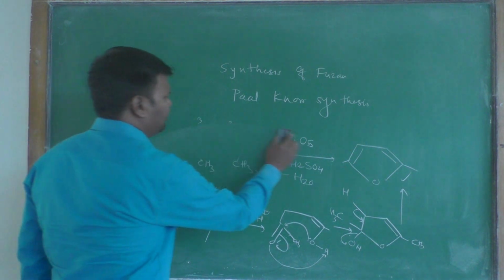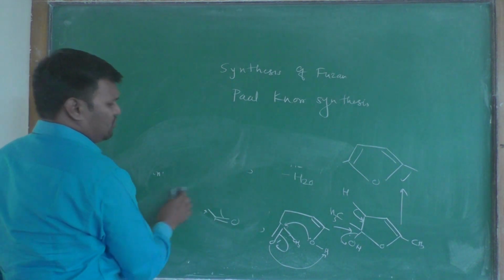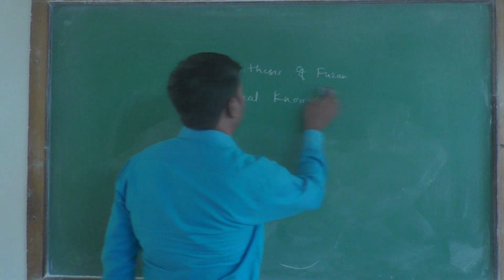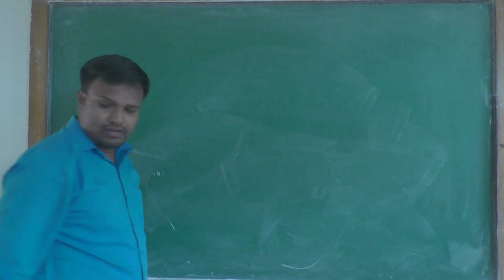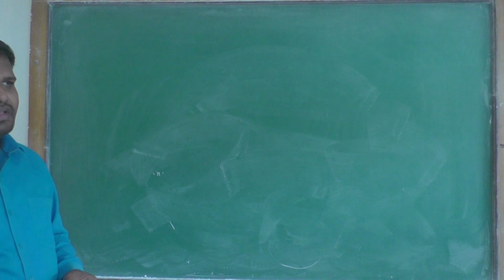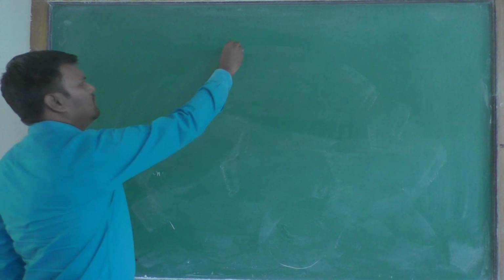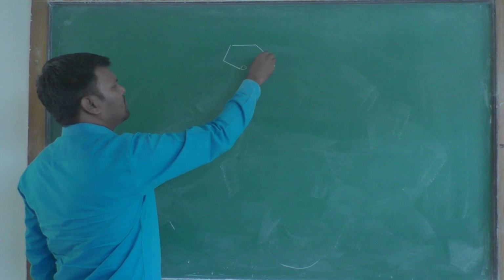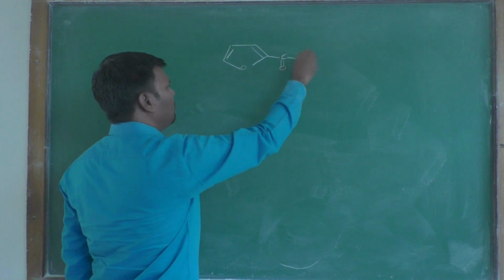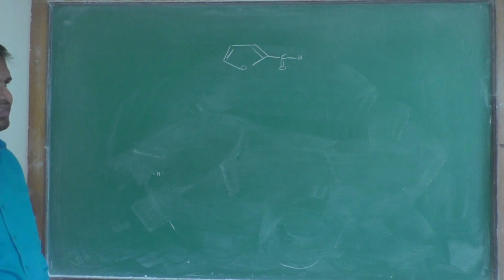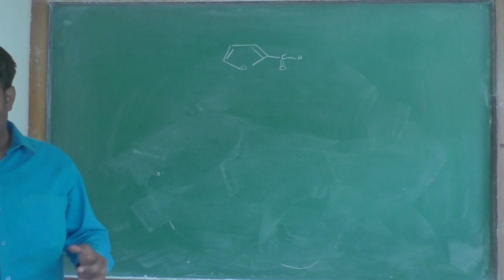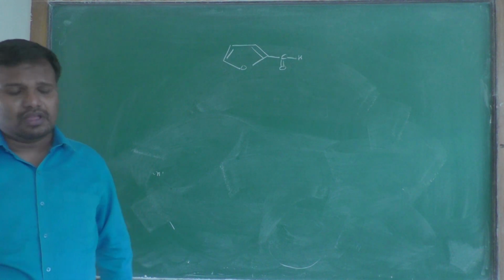Then the second method, by using polysaccharide. We will produce firstly furfural. Furfural is a compound that, at the second position, has the formyl group, or aldehydic CHO group. Furfural we will obtain from the acid hydrolysis of polysaccharide.